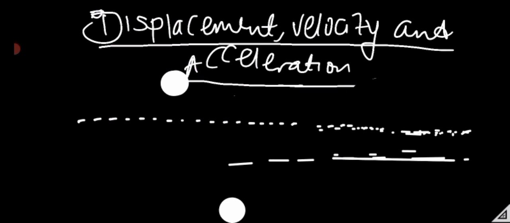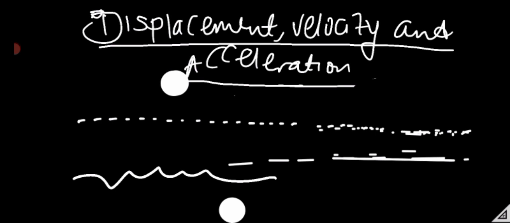In that process of moving fast, he increased his speed, true or false? We can also say that since he's moving towards a specified point, he increased his velocity, true or false? That increase in velocity is called acceleration.